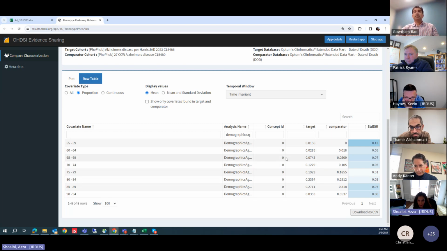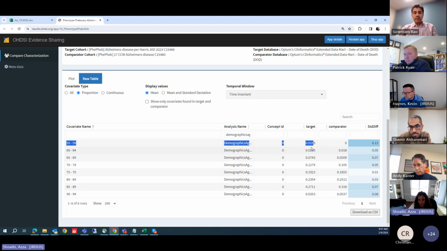And you will see that roughly the distribution is the same. If you're using a standardized difference of more than 0.1, you can see that it's just in the target, Harris, that you have slightly more proportion of people in this younger age group.